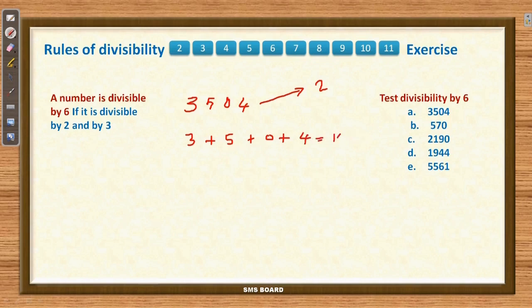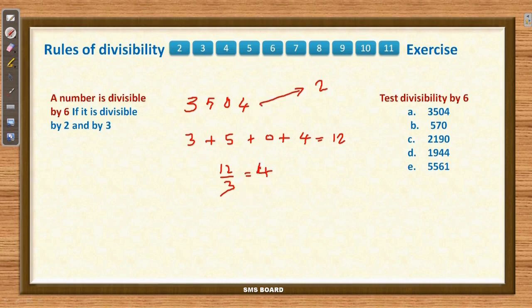You know 12 is divisible by 3, since 12 divided by 3 equals 4.